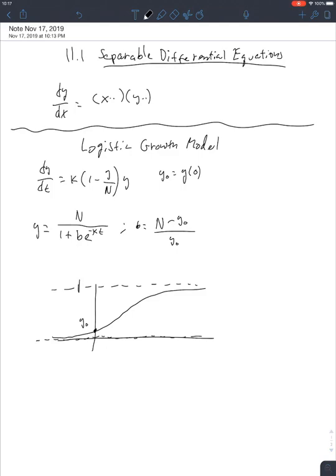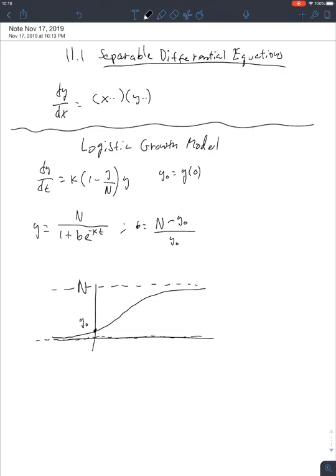This value up here is n, and you can see the logistic growth model is meant really to model animals, for example, maybe bacteria or something. There's going to be a carrying capacity of some type. That's where your n is. N is the maximum that this population will be.